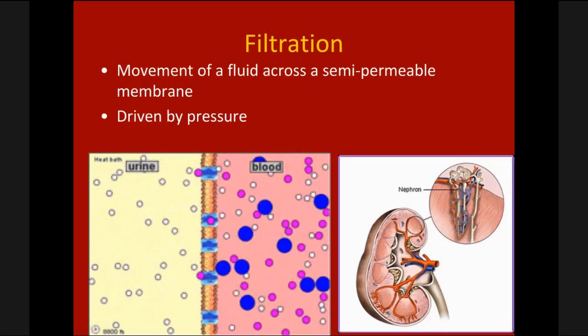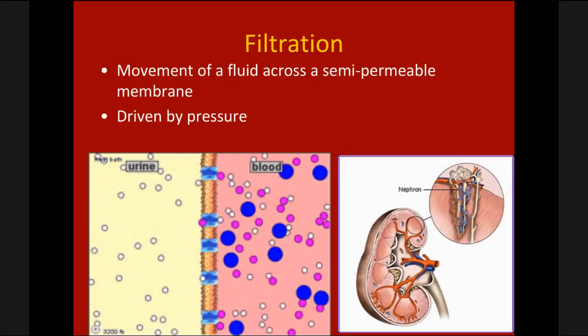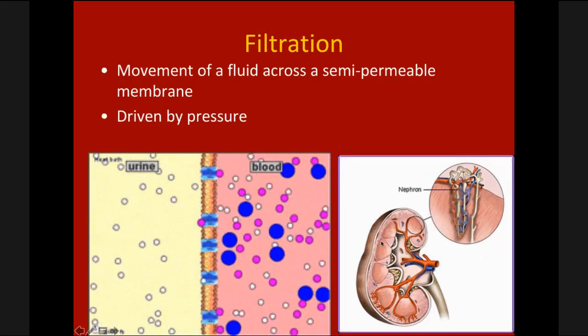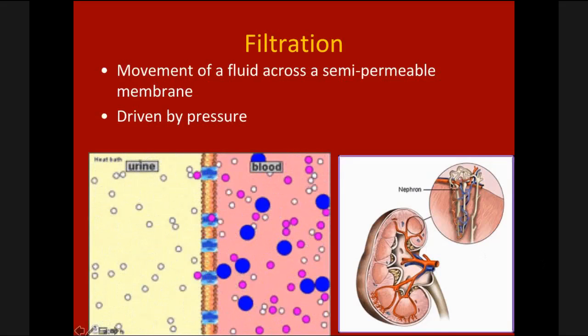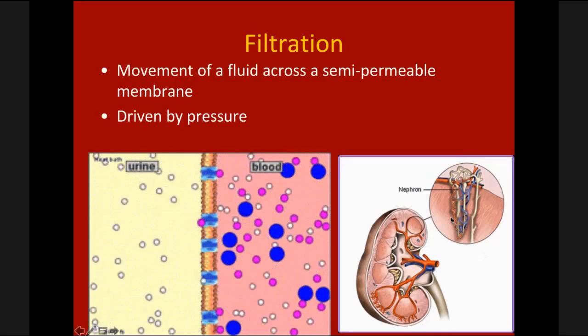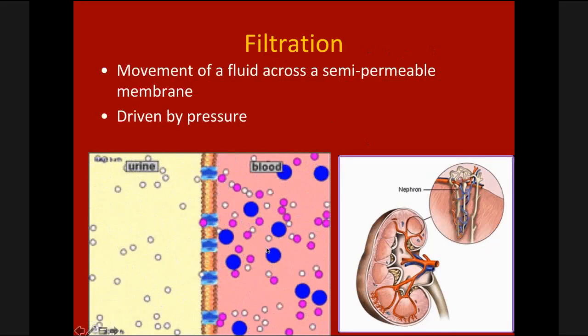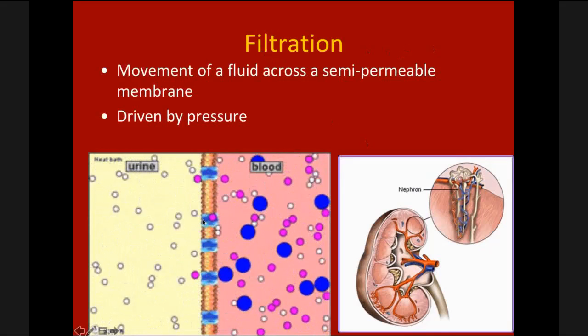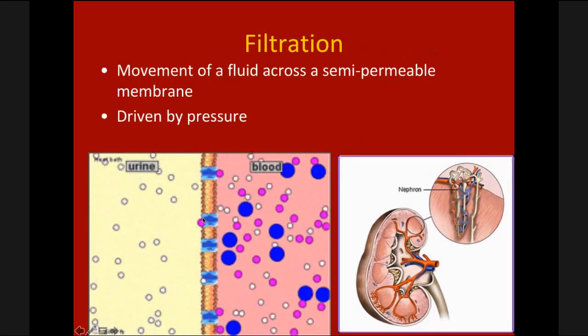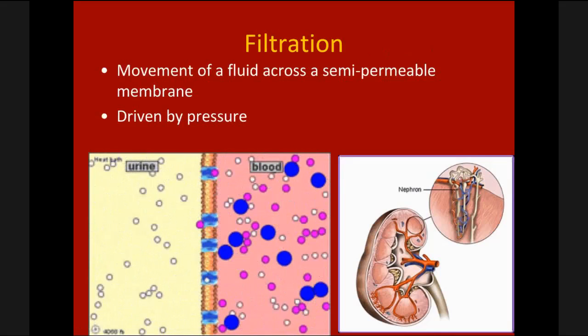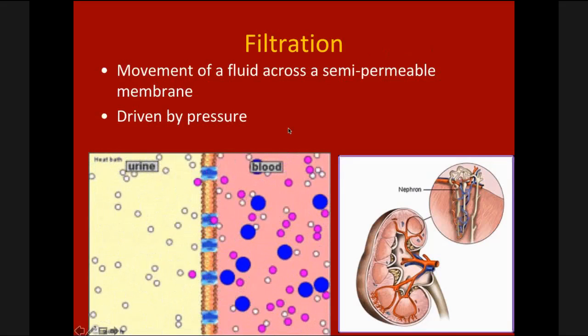So there are physical holes present. As the energy source, blood pressure pushes blood through those porous capillary beds, and any molecule that's small enough to fit through the membrane pores moves through and gets filtered out of your bloodstream. So here's the bloodstream on the right.